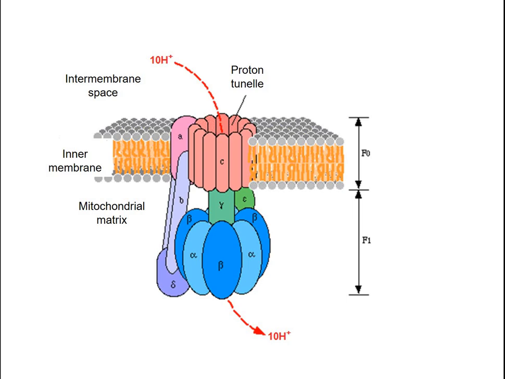FO subunit includes C subunits that are made up from acidic amino acids, and A subunit. F1 subunit is made up of 9 subunits: 3 alpha, 3 beta, delta, gamma, and epsilon. Gamma subunit joins oligomycin dependent subunit and F1 subunit like a rod.